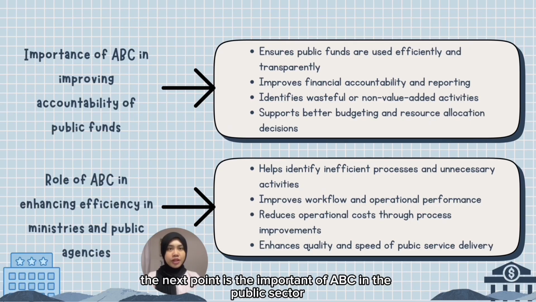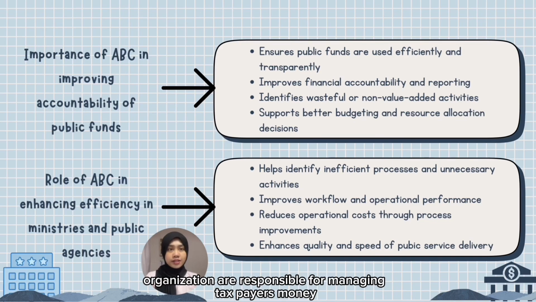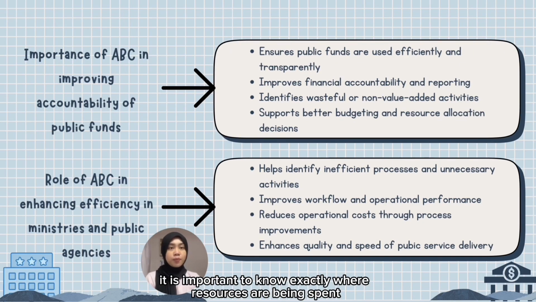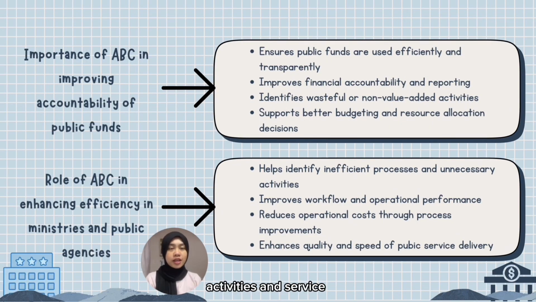The next point is the importance of ABC in the public sector. One major benefit of ABC is that it ensures public funds are used efficiently and transparently. Since government organizations are responsible for managing taxpayers' money, it is important to know exactly where resources are being spent. ABC also improves financial accountability and reporting because it provides accurate information about the costs, activities, and services.